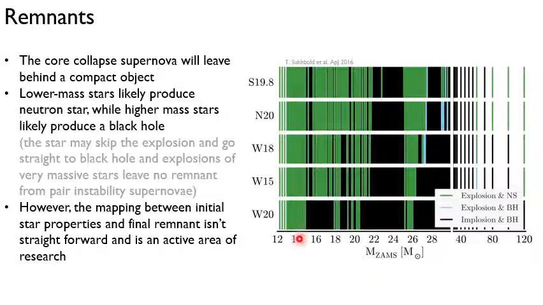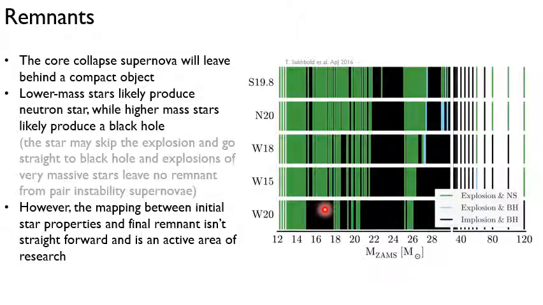And as far as the mapping between whether you produce a neutron star or a black hole, we don't really know. So the different bands here are different stellar models that are all, no reason to doubt any of them necessarily. The horizontal axis is the initial mass of a star. If you're green, you produce a neutron star. If you're black, you make a black hole.